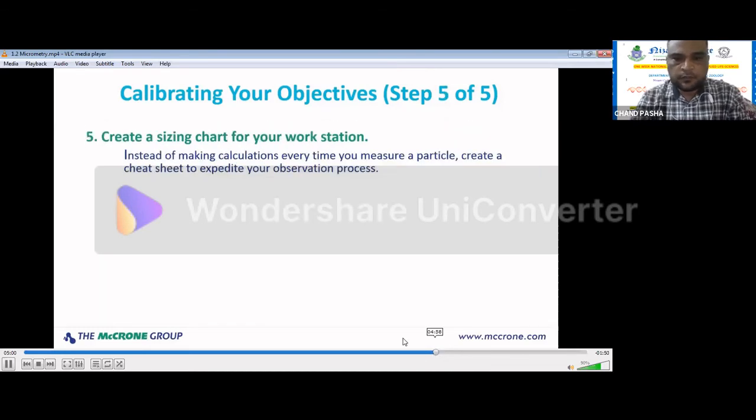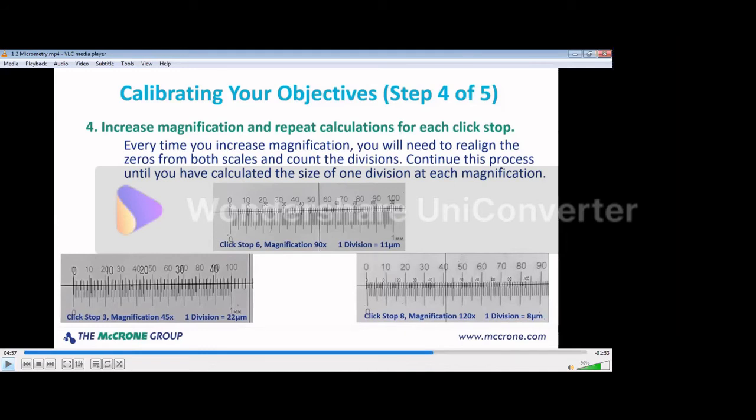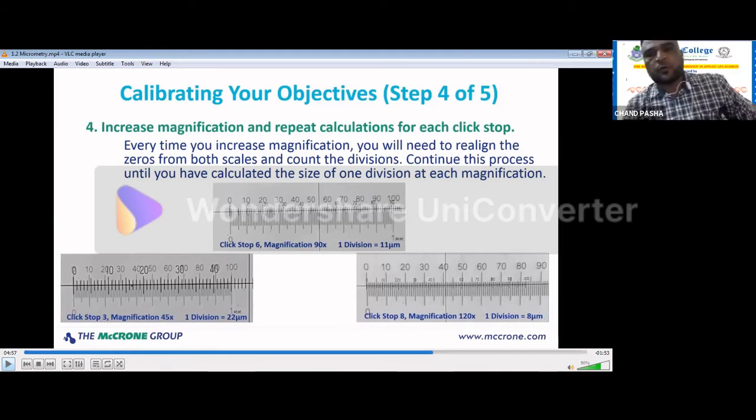Generally we keep the eyepiece constant and don't disturb it every time; only the objective is rotated and changed.